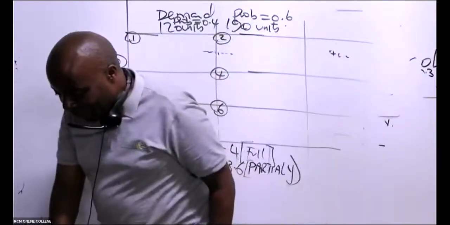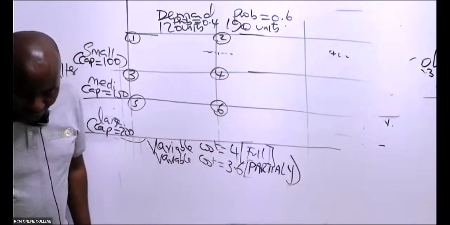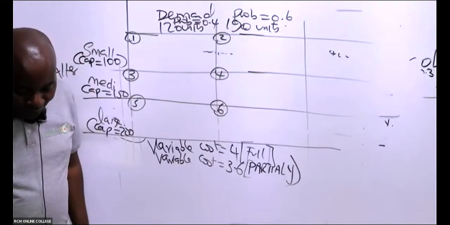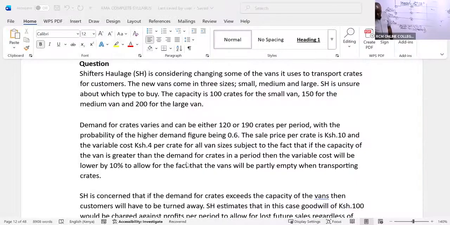3.6. Let me read this. Let's read this together because I don't want to leave anybody behind. We are told, ladies and gentlemen, the sale price per crate is 10. And the variable cost is what here, somebody?